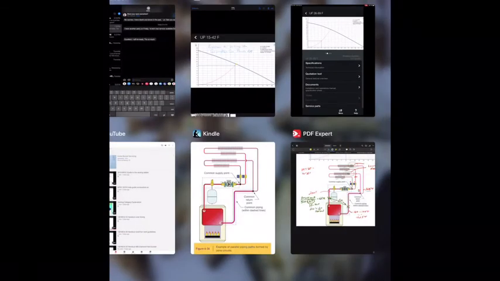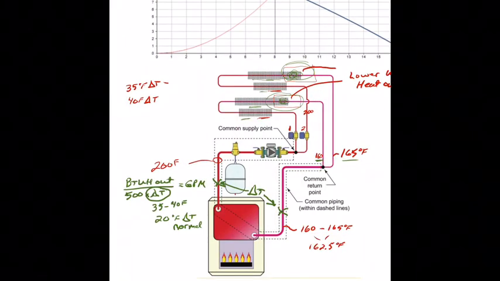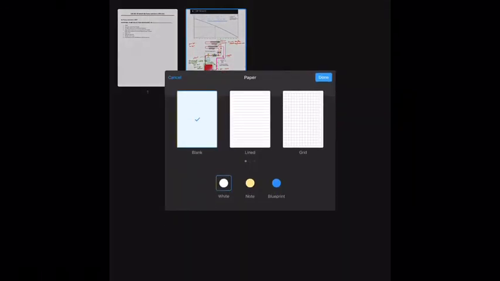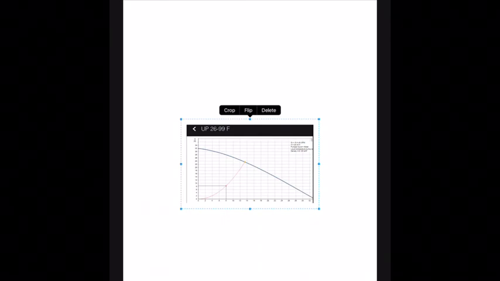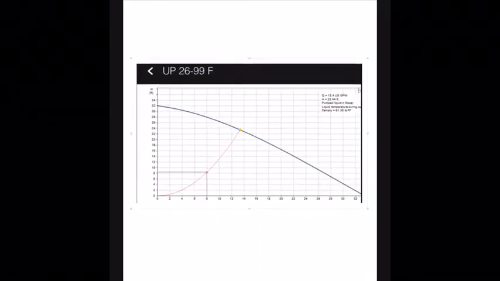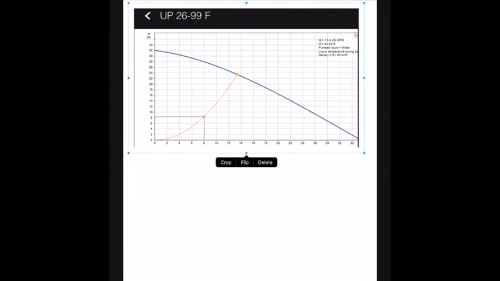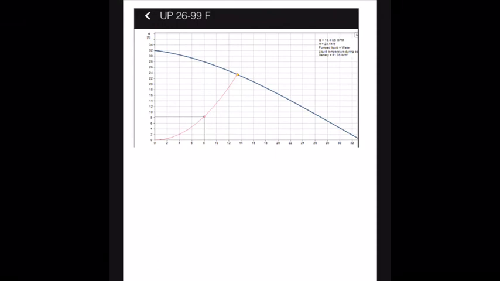So let's go back to the PDF Expert problem that I had identified. What I'm going to do is add an additional page, a blank page, and insert that image that I just got done doing. I'll do it low quality, keep the size of the document down a little bit, and there we go. So now that would really be my answer to that particular problem.